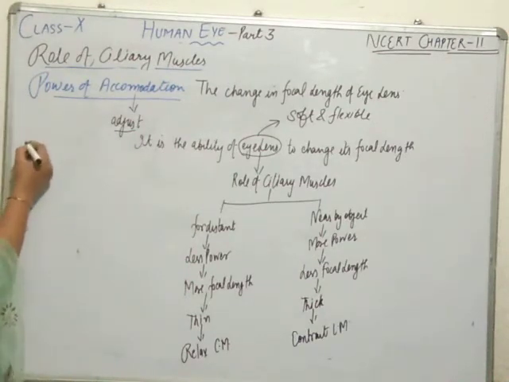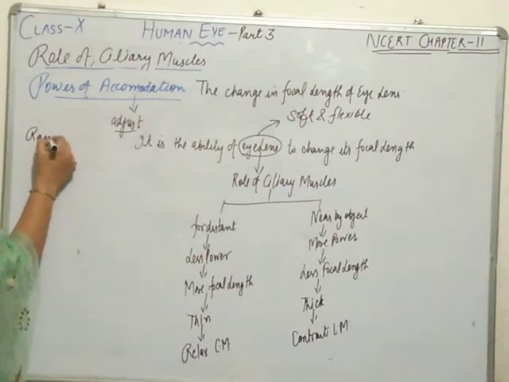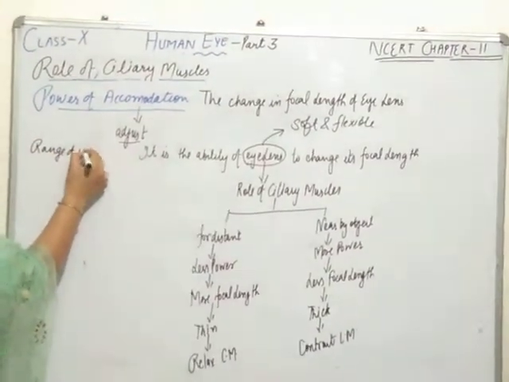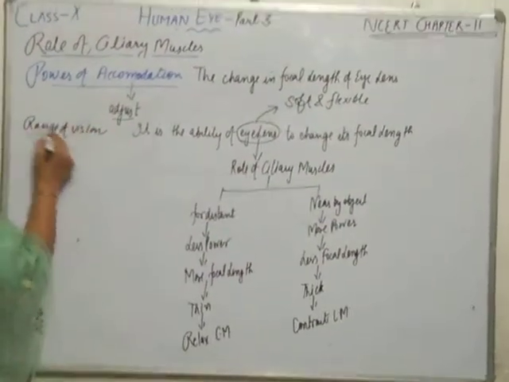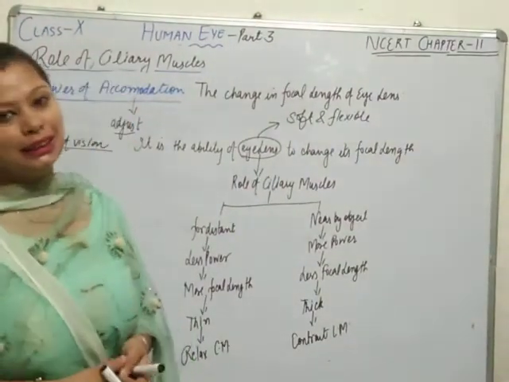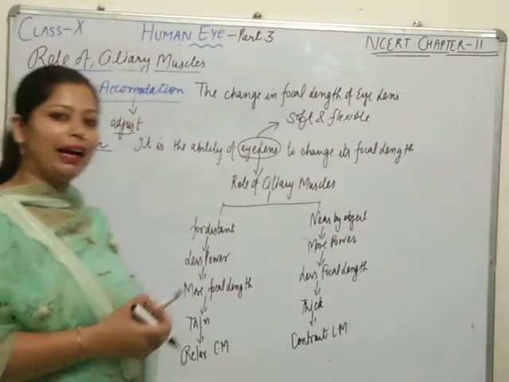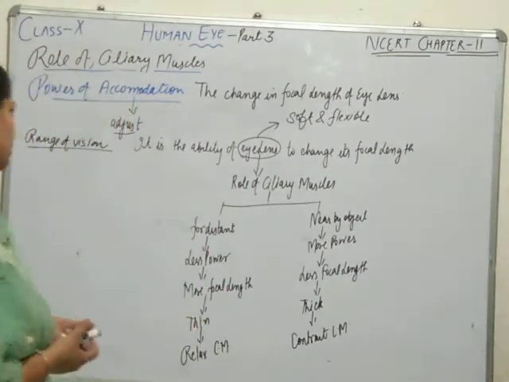Now, what is range of vision? It means for a normal human eye, up to how much distance a person can see without any strain. Strain means without any pressure on mind, without any pressure on ciliary muscles.